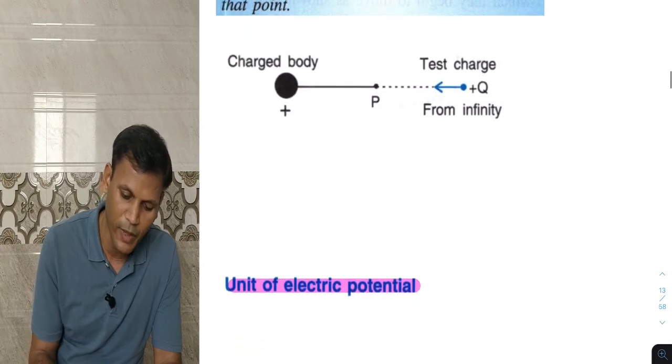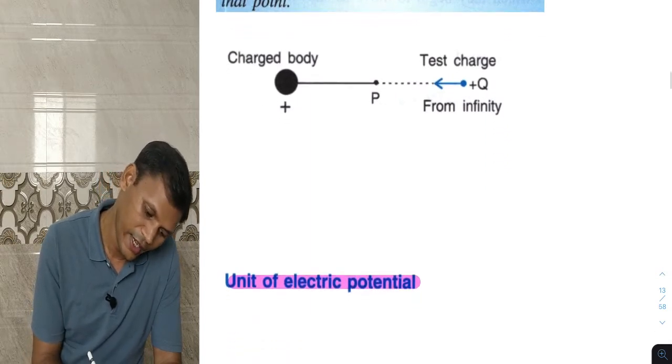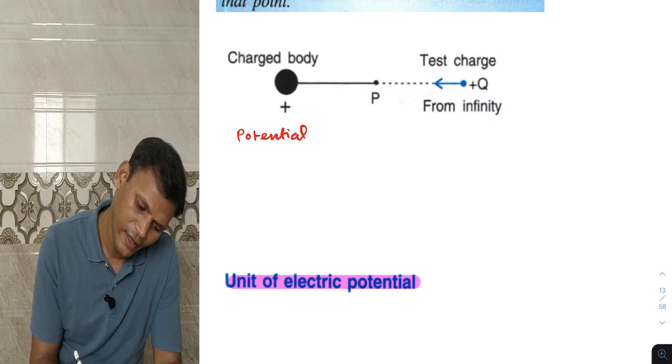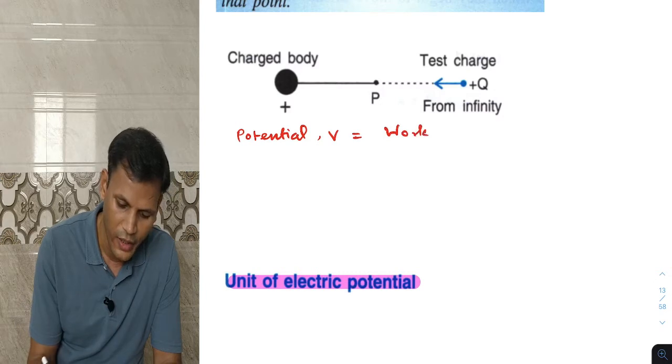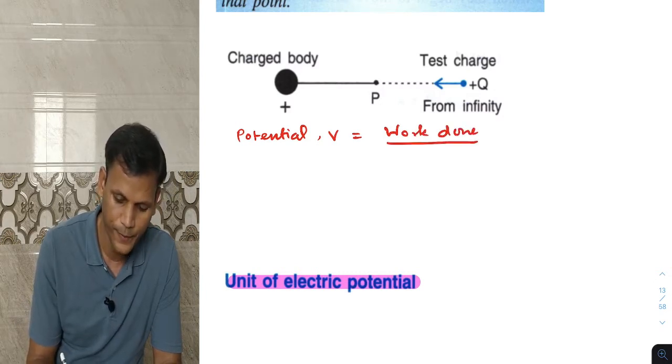Electric potential is represented by V. So I can write that potential, or electric potential V, is work done per unit charge.